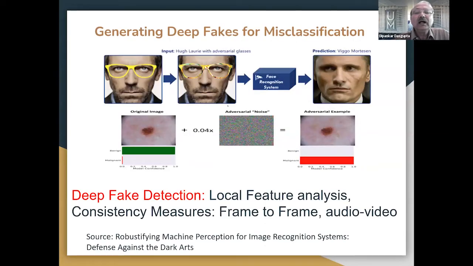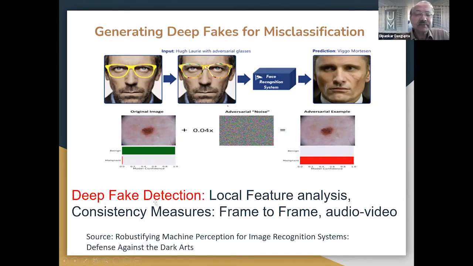And creating fakes has gone further, which makes this called deep fake misclassification. The original image can be changed with tiny noise, in this case random noise, to make the face change.